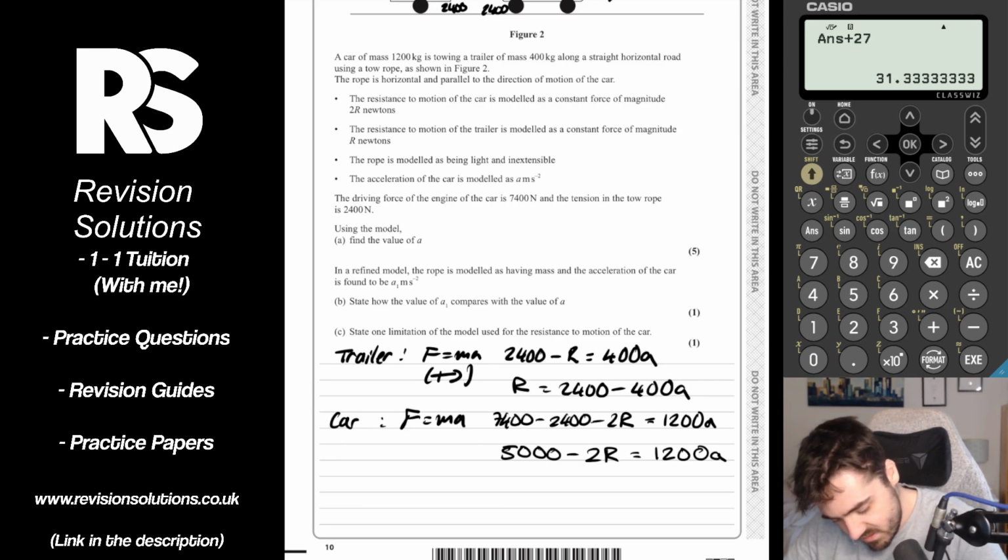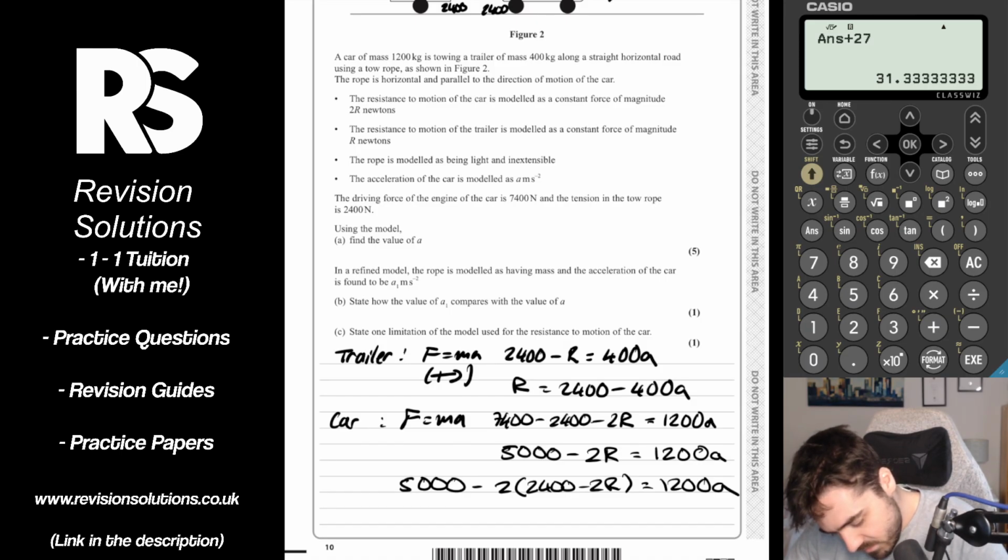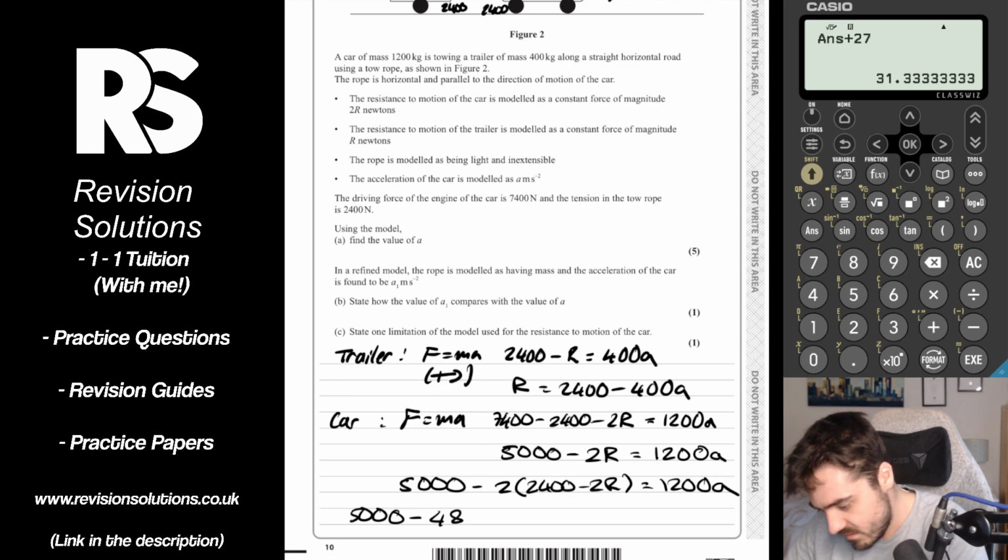If we plug that into our second equation for the car, we have 5,000 minus 2 lots of 2,400 minus 400a equals 1,200a. Sorry, I shouldn't have written 2r here. That should be 400a. Sorry about that, guys.